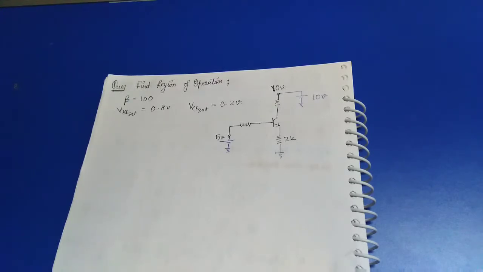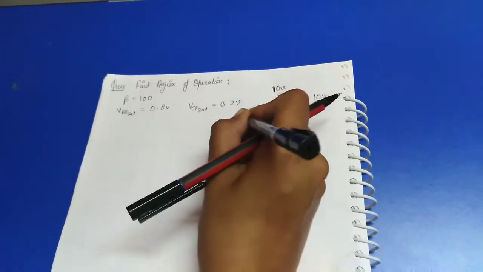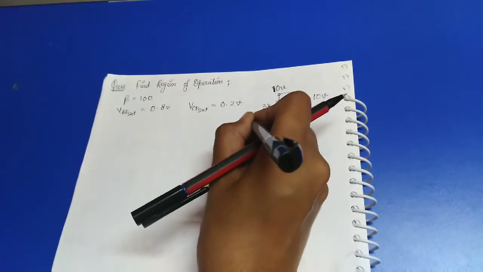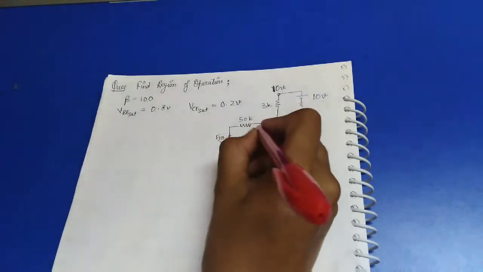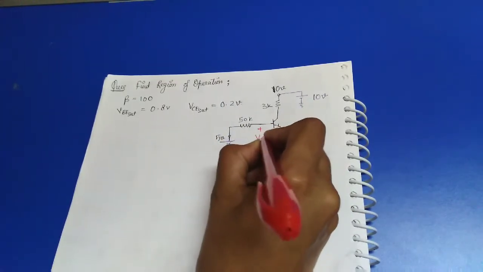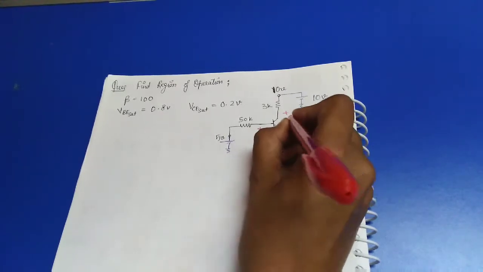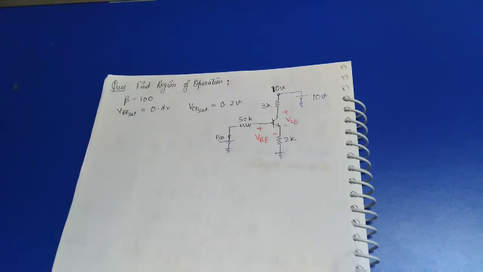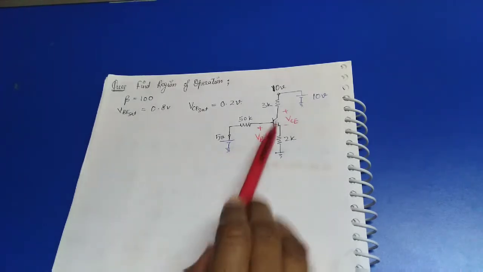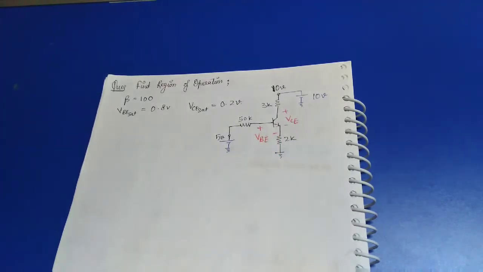After that, this is 3K guys, and this is 50K. After that, mark the voltages. This is VBE and this is VCE. If you don't mark the voltages, then sometimes you forget while doing the numericals, so it's very important that you mark the voltages. Next, we only have to apply 2 KVL loops to get our result. That's how simple it is.